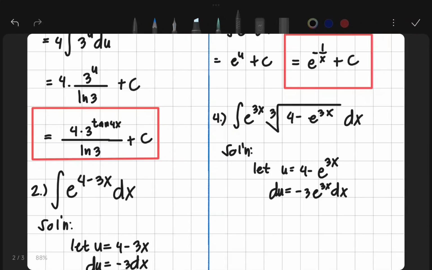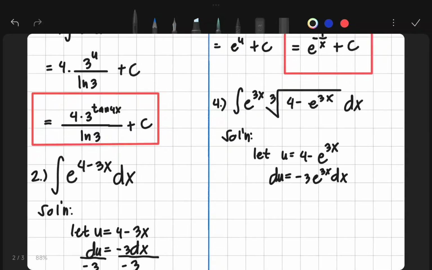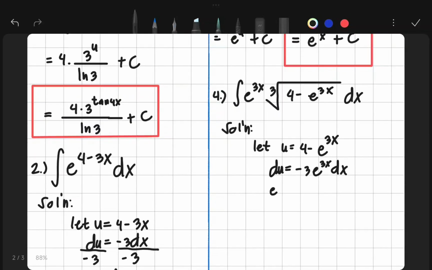And we don't have negative 3 here, this is just our present, right? So in our du, we need to divide both sides by negative 3, which becomes e raised to 3x dx is equal to negative du over 3.